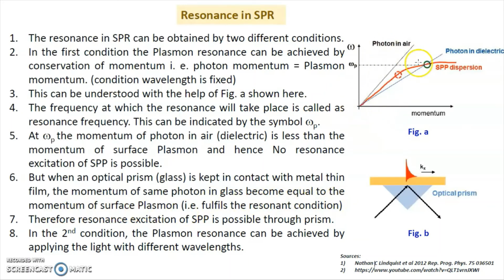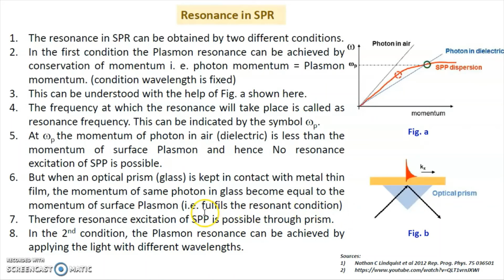So at this frequency, we manipulate the momentum of photon just by using an optical prism. And when we do this, we realize that at a particular frequency, that is omega p, the momentum of photon becomes exactly equal to the momentum of the plasmon, and that's why this fulfills the resonant condition. That is what we are looking for, right?